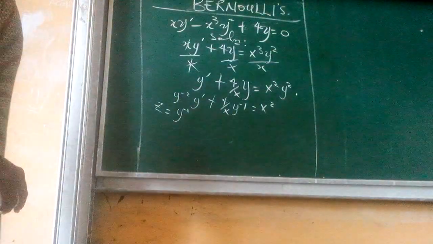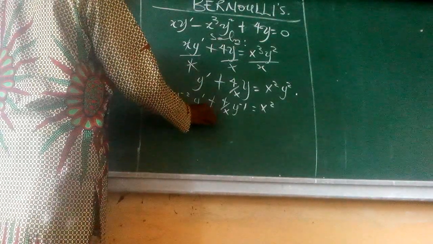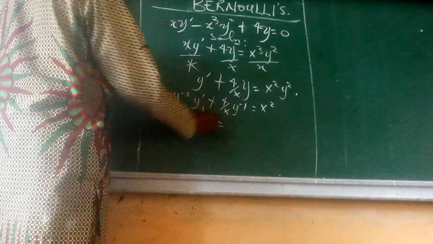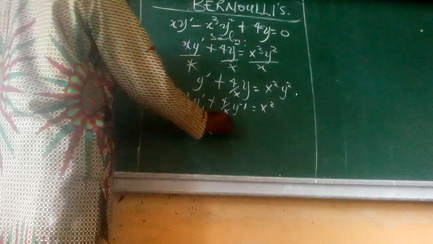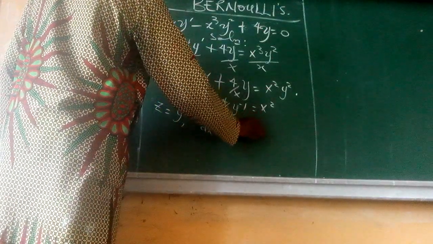If z is equal to y raised to the power minus 1, it therefore means we differentiate implicitly: dz dx is, based on the differentiation relationship, minus y raised to the power minus 2 dy dx.